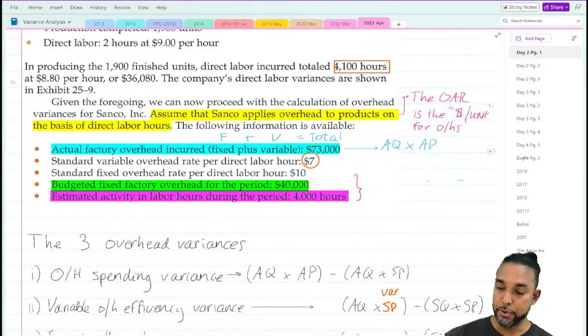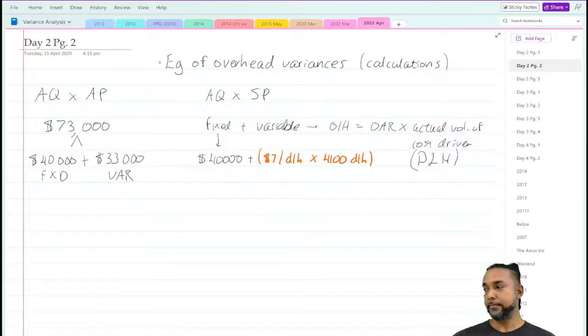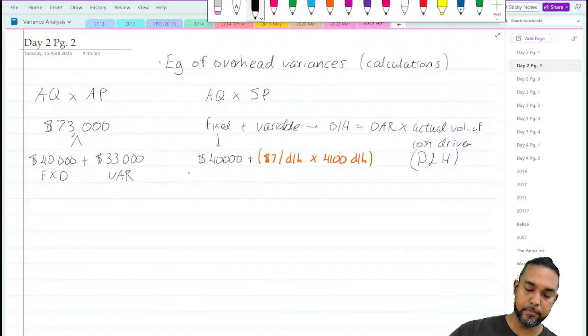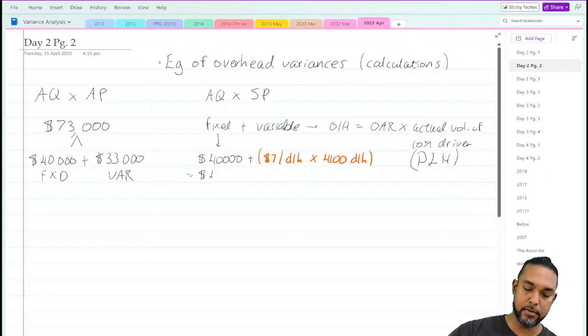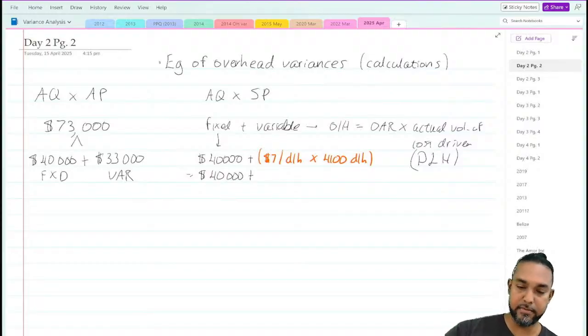So on this side, we take the OAR, which is the $7 per direct labor hour, and multiply it by 4,100 direct labor hours. The 40,000 just comes down, and 7 by 4,100 is 28,700, I believe. If my arithmetic is wrong, please feel free to let me know.